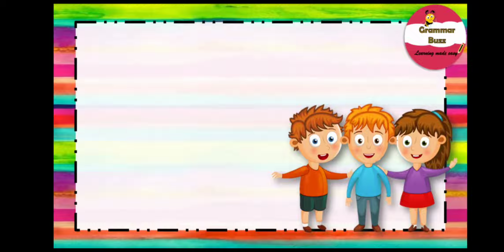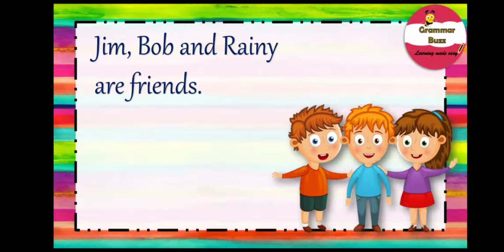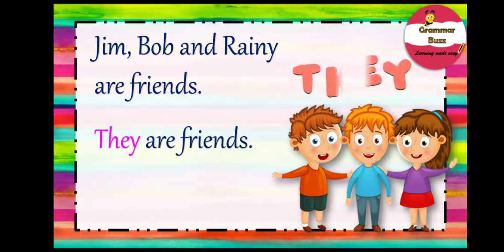Let's say we have a sentence, Jim, Bob and Rainy are friends. Now let's try replacing these three nouns, Jim, Bob and Rainy, with a pronoun. Our new sentence would be, they are friends.